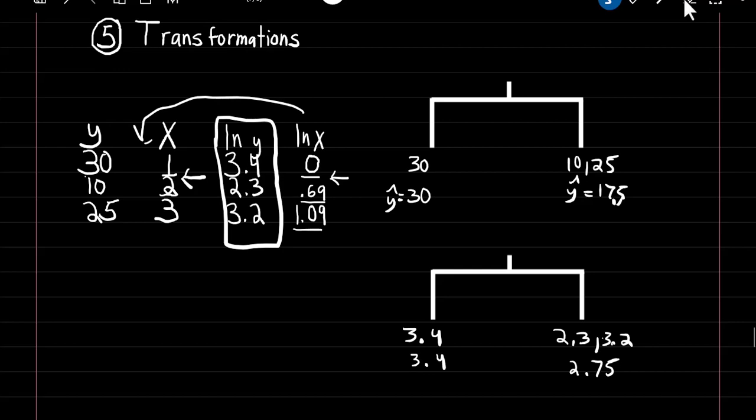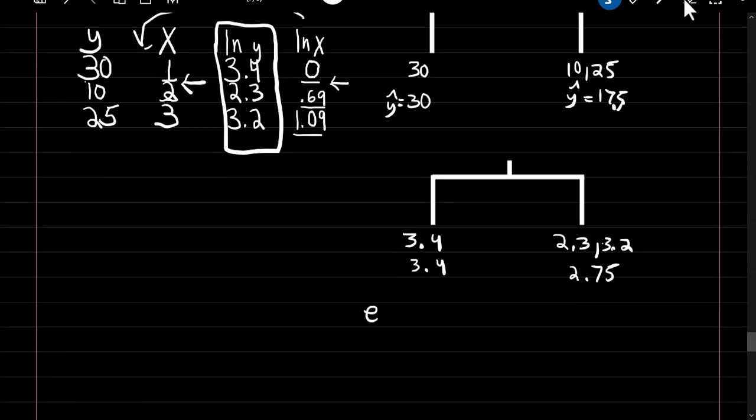Now if we wanted to transform this back to our original units, we could say the exponent of 3.4, which is going to be equal to 30. So this was our original predicted value, so it did well there.